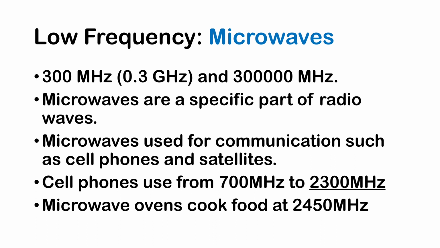You can see that cell phones use 700 megahertz to 2,300 megahertz. Microwave ovens cook food at 2450 megahertz. Depending on where you live in the world, they use a different piece of the spectrum for what they're going to use for their cell phones. Obviously, you don't want to be at the 2450 range or you'll cook your brain.